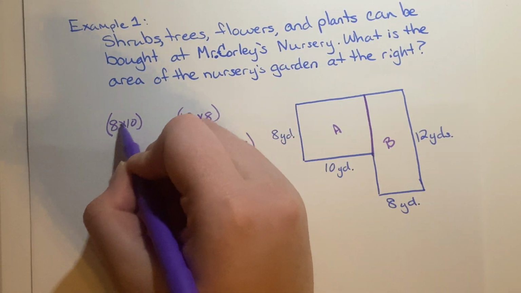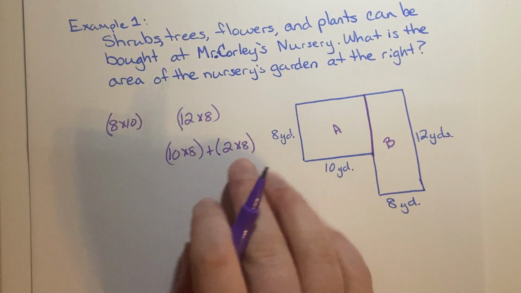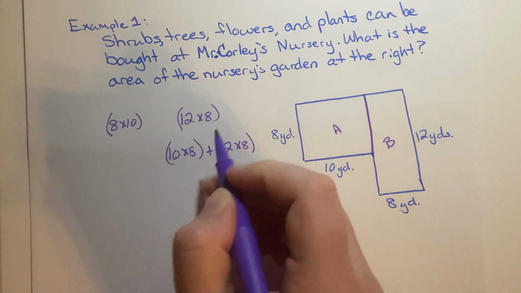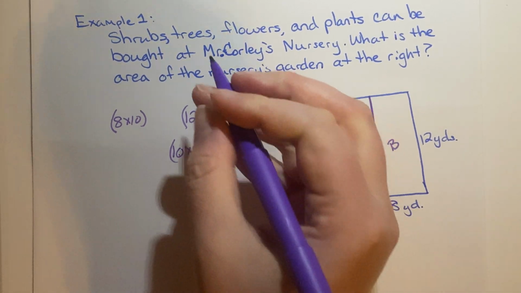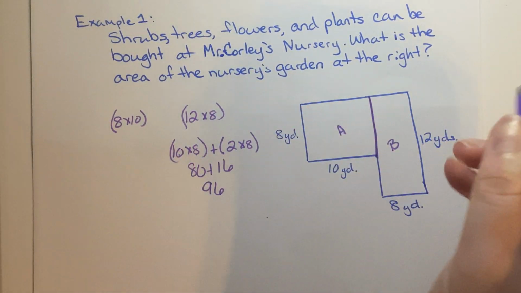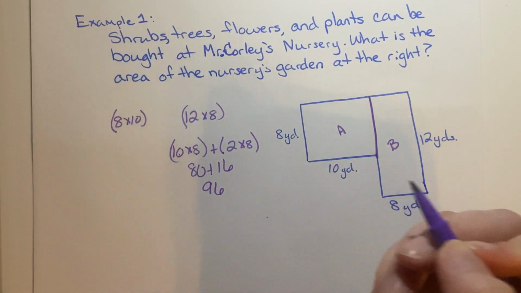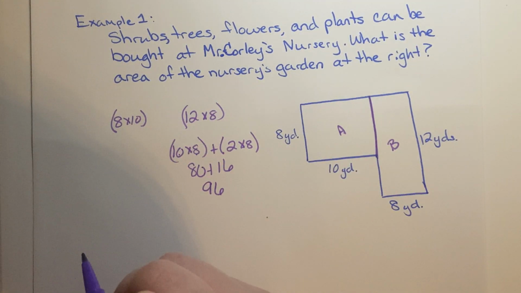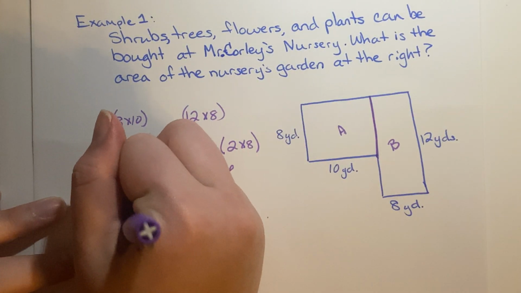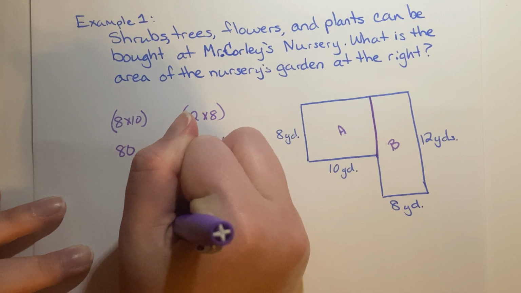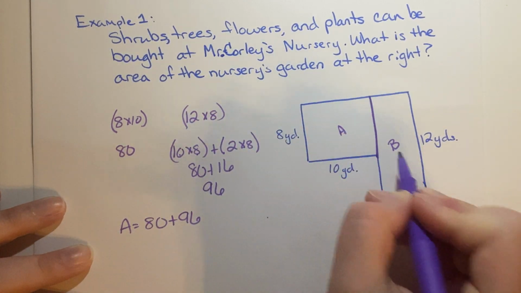Okay, so it's similar to what we did in the last lesson. And then I know that this is over here by itself right now. So let's figure this part out. We have 10 and 8, which is 80, and 2 and 8, which is 16. So our area for B is 96. Our area for A is going to be 80. Okay, so for our total area, we have to add 80 and 96 together.